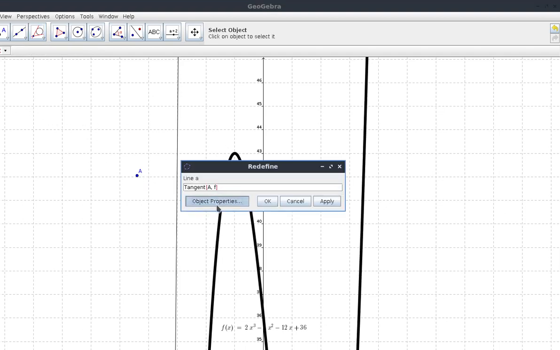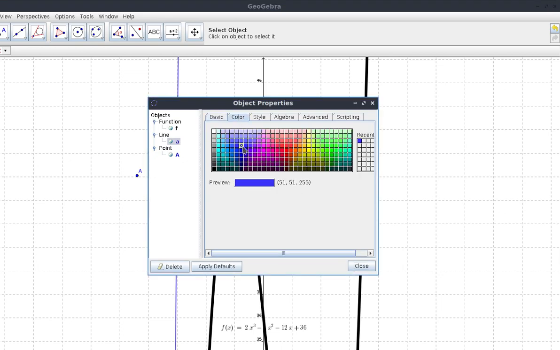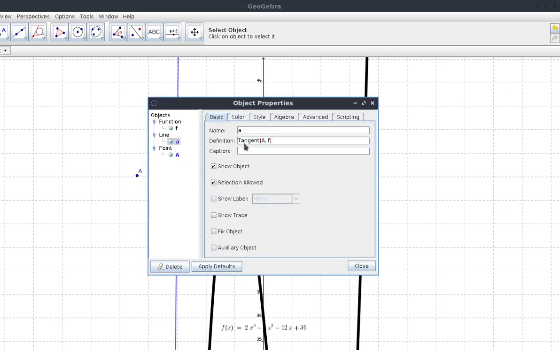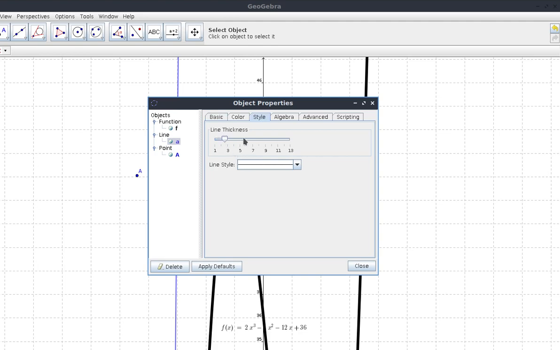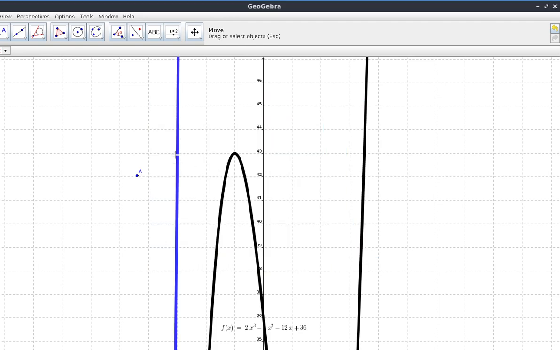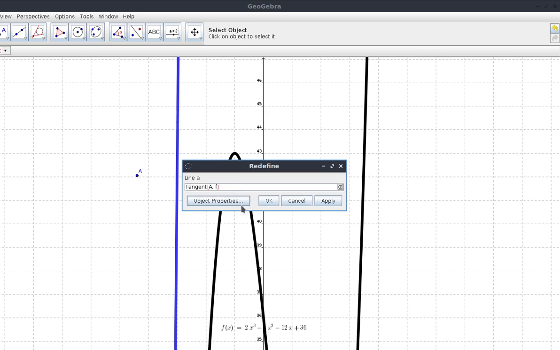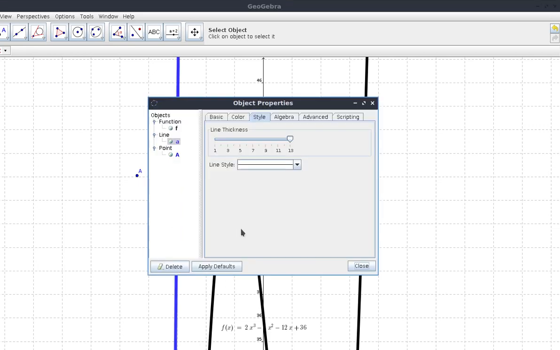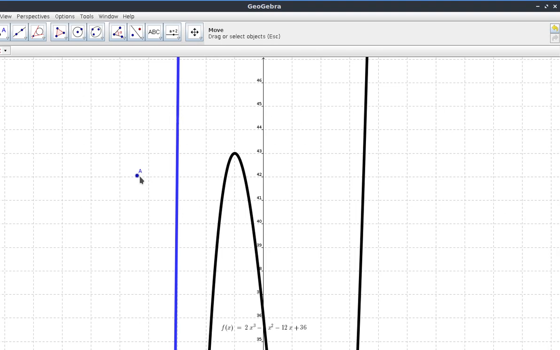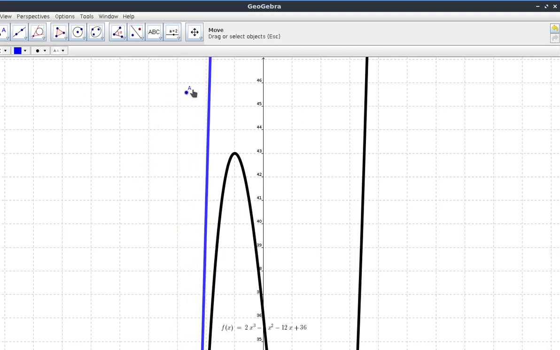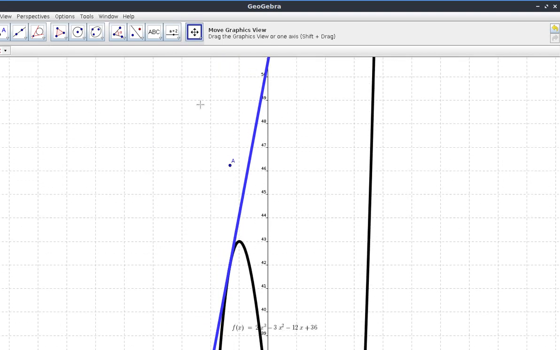Let me just make some adjustment to the tangent and make the color blue and make it thick. Now, as I move the tangent to the right, you see it has a positive gradient.